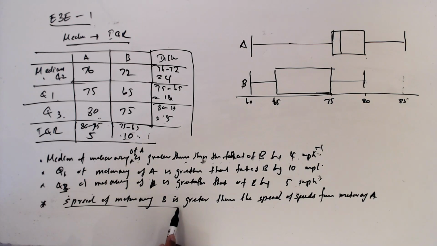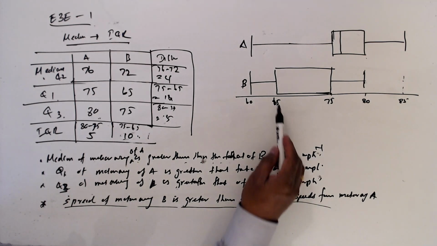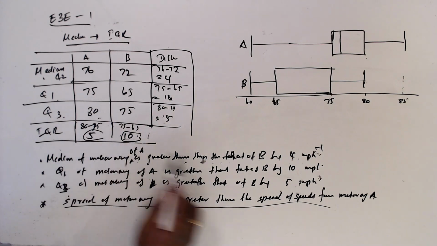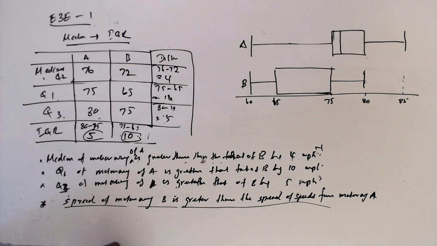The spread of motorway B is greater than the spread of A. We can see that this IQR range is more than this, or the spread is more than this.